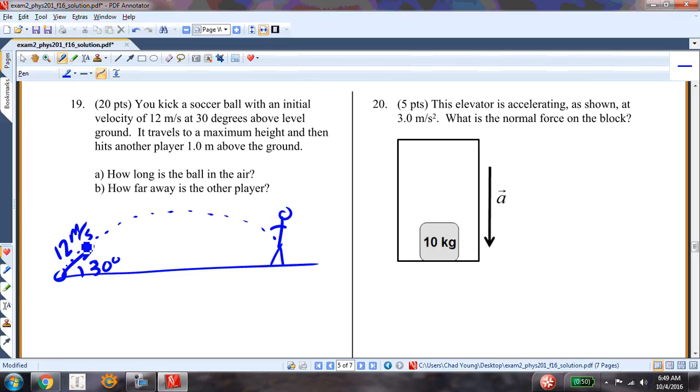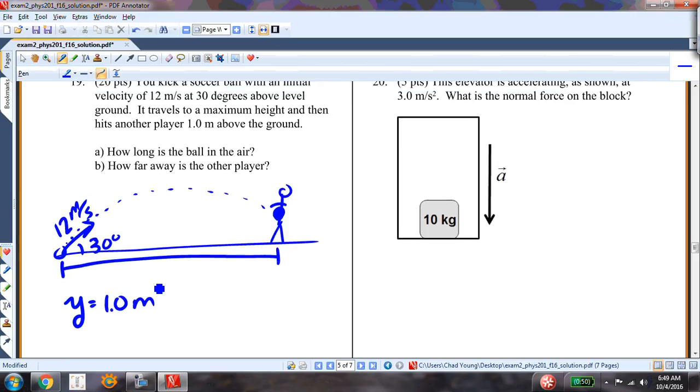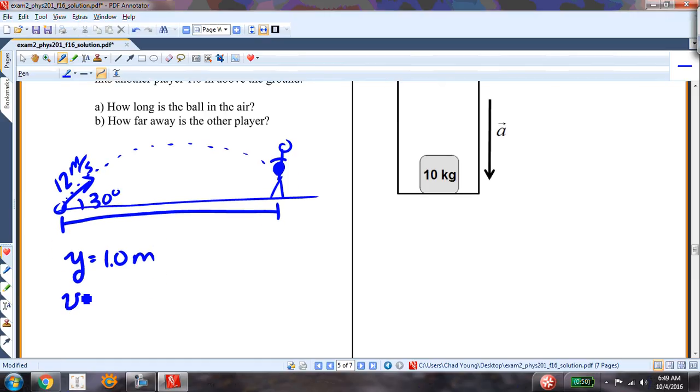So I need to know the time and the distance at this point. How far to the other player, and then how much time does it take to get over there? Well, I know that at that point, y is equal to 1 meter. I know that v naught y equals 12 sine of 30. I know that Vx, which is v naught x, is equal to 12 cosine of 30.